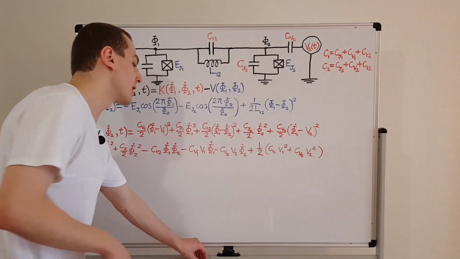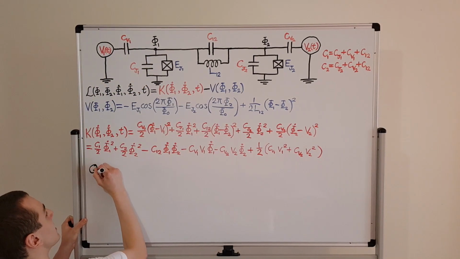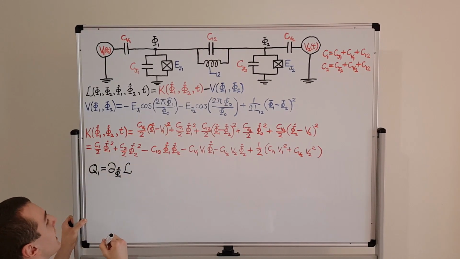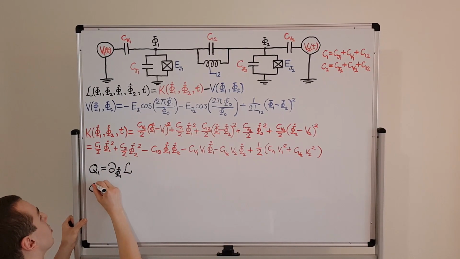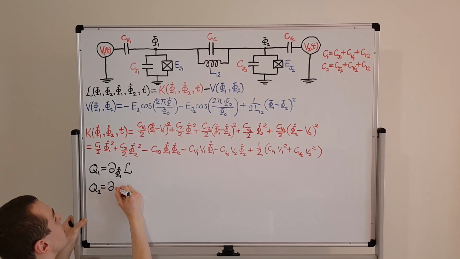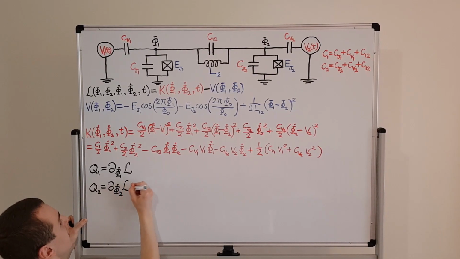Let's find q1 and q2. q1 is defined as the partial derivative with respect to phi1 dot of the Lagrangian. Analogously, q2 is defined as the partial derivative with respect to phi2 dot of the Lagrangian.